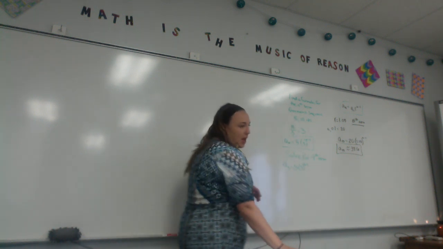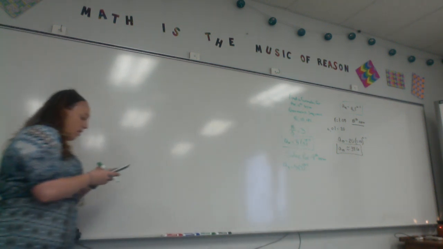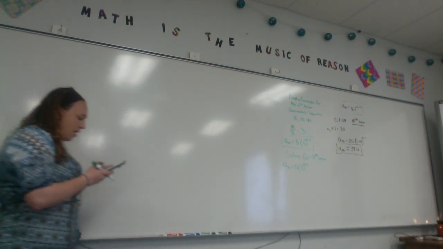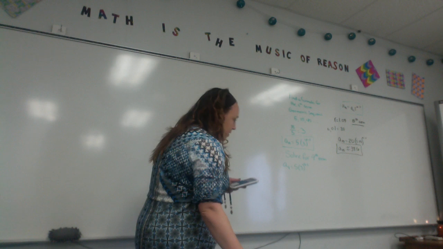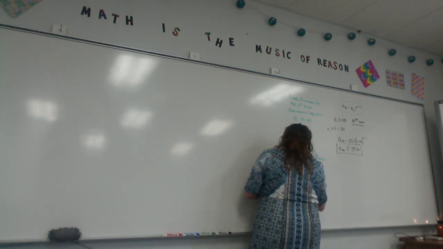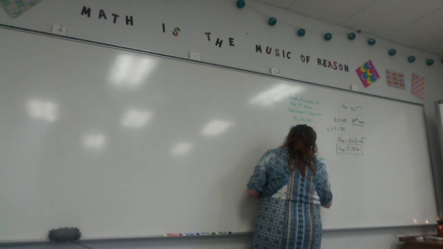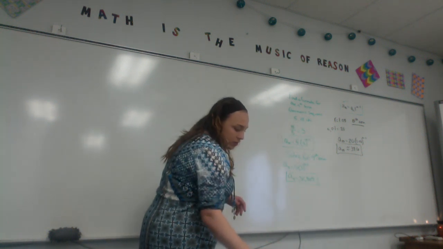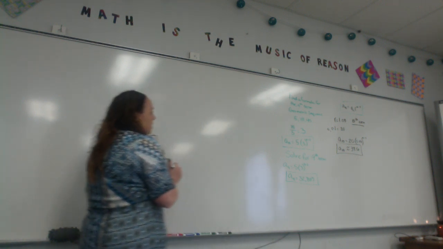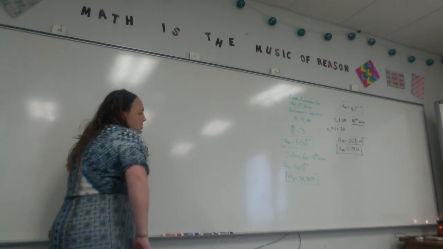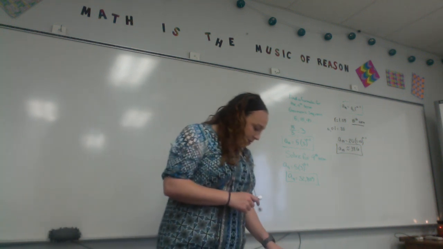So I have 3 to the 8th times 5, and you would get 32,805 for your 9th term. Okay, so that's a way to work it, to find the equation, and then from there we can plug it back in to find any term that we would like.